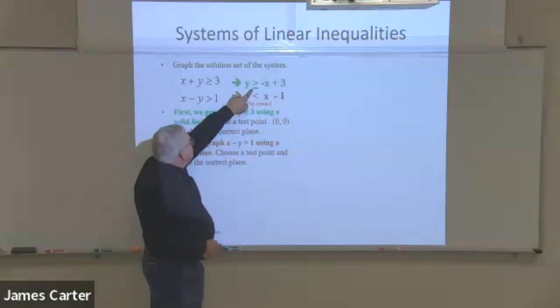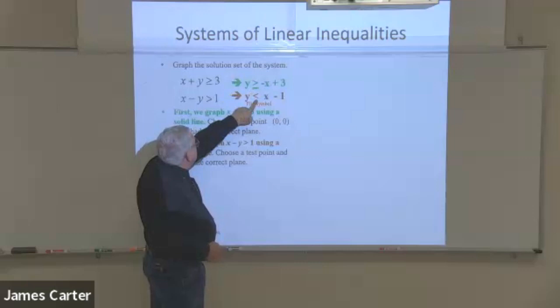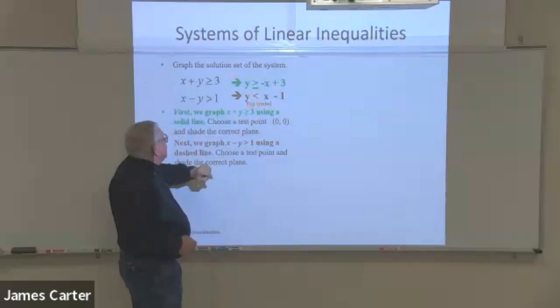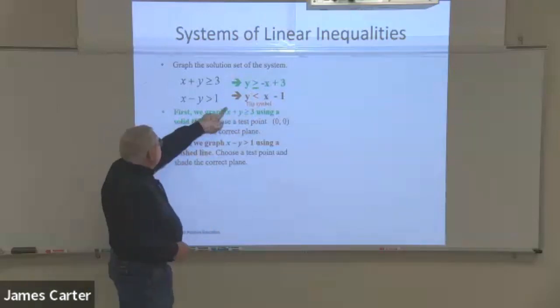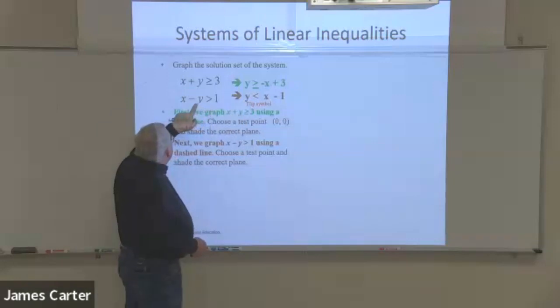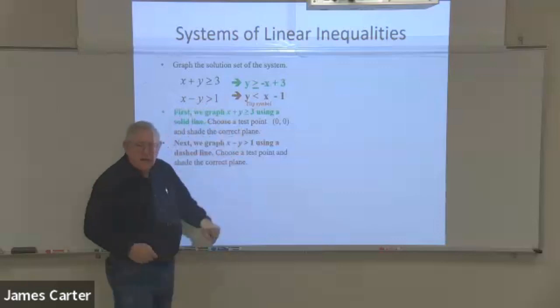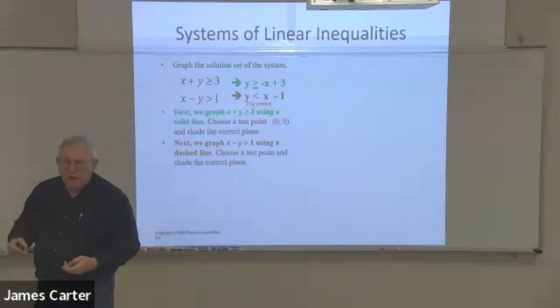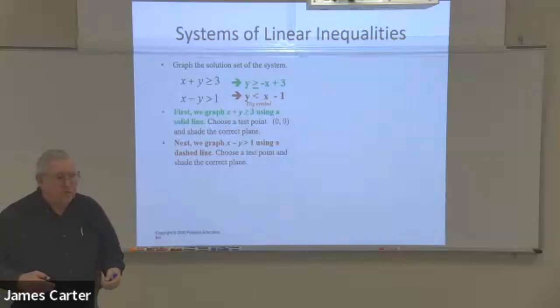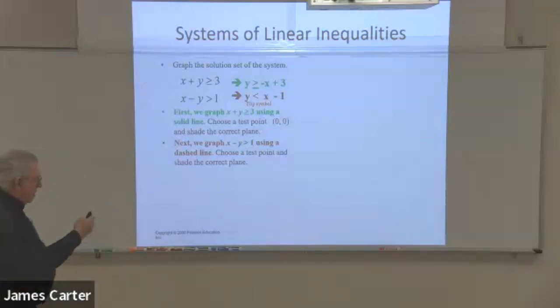I have an equal, so I'm going to have a solid line on this one. I'm going to have a dashed line on that one. I did have to flip the symbol here because after I took the x over, I had to divide both sides by -1. And when you divide or multiply by a negative on both sides, you have to flip the symbol. So you've got to watch out for that little detail.